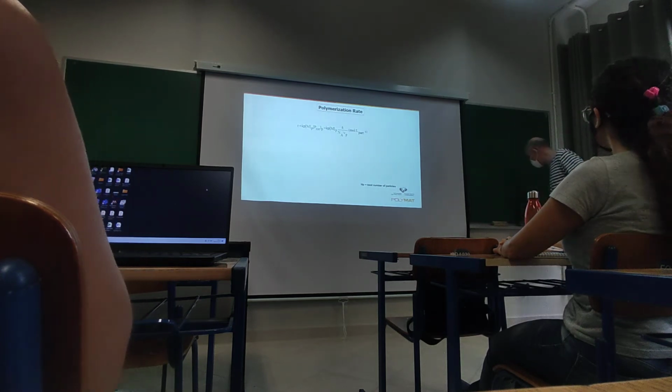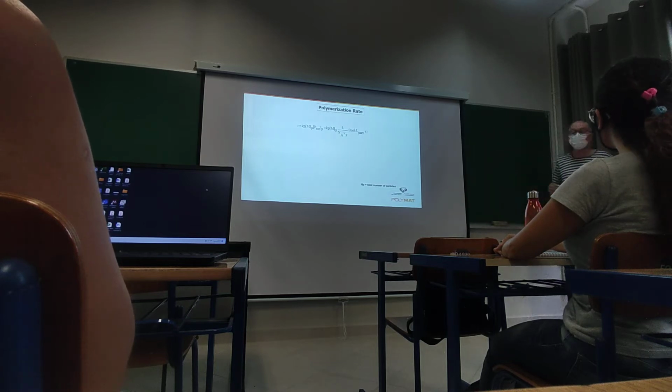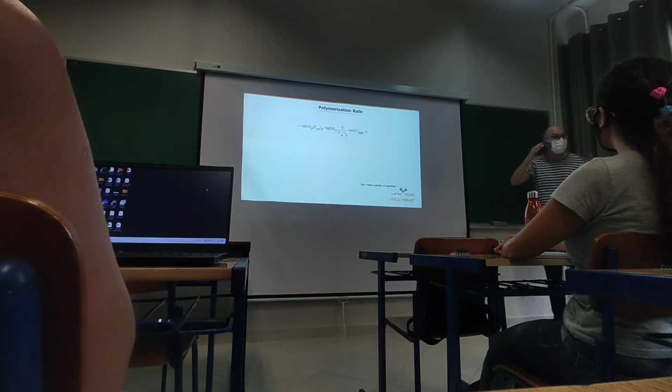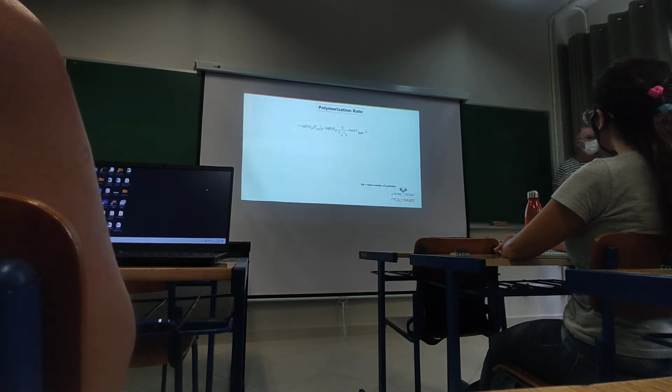And the polymerization rate, R with a small case, is like in homogeneous systems. It will be the propagation rate multiplied by the monomer concentration in the polymer particles, where the polymerization takes place, multiplied by the concentration of radicals in the polymer particles, which is where the polymerization occurs.